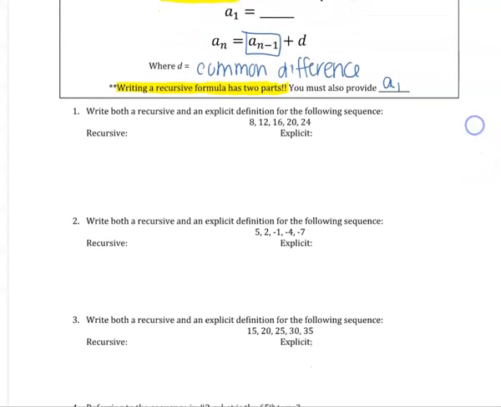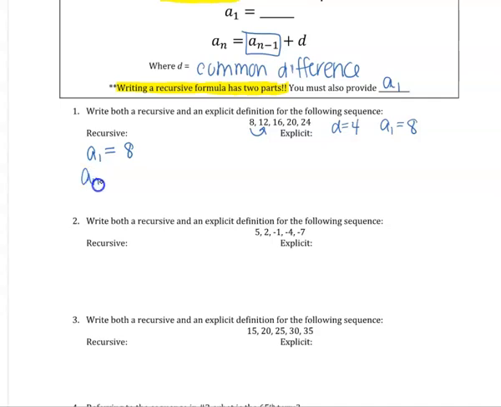Okay, so we're going to go through and practice how to express these in two different ways. Our first pattern is 8, 12, 16, 20, 24. Looking at this pattern, everyone should be thinking, all right, the common difference is 4. The first term is 8. So if I do my recursive formula, which is two parts, first term is 8.